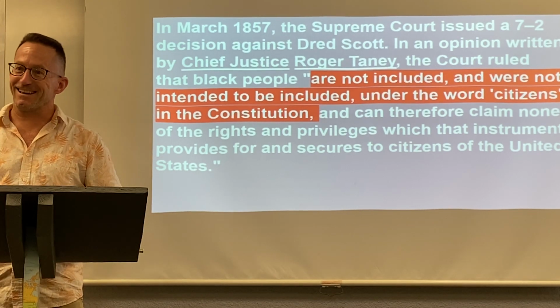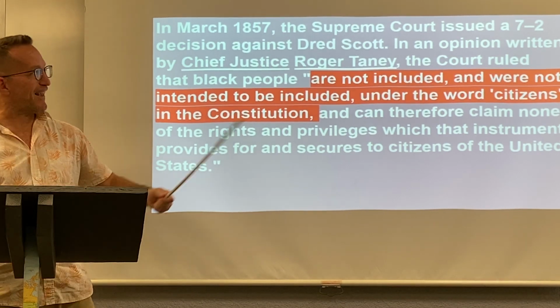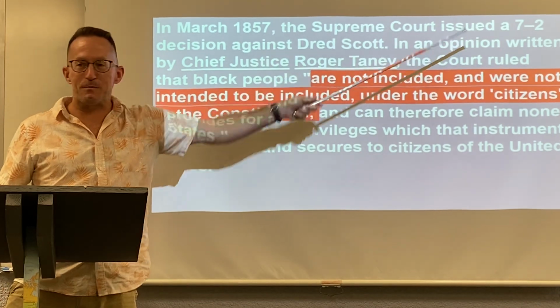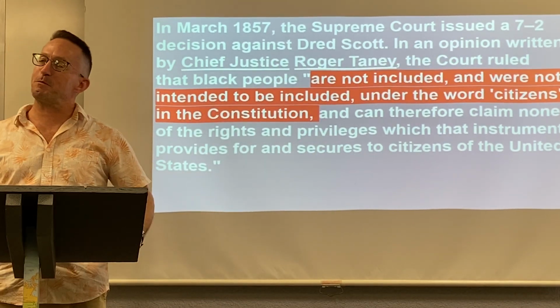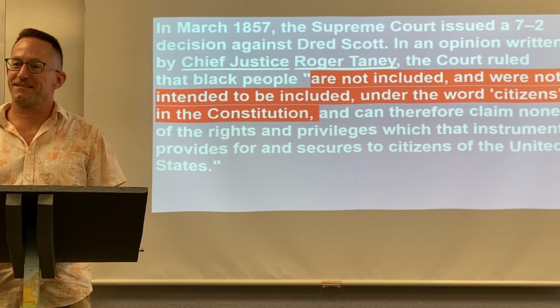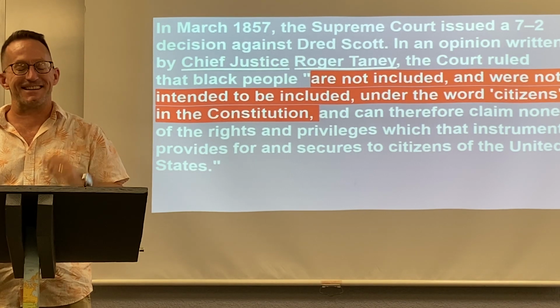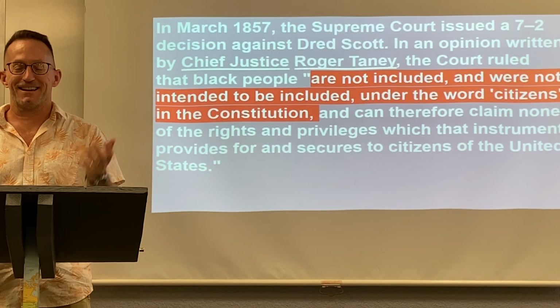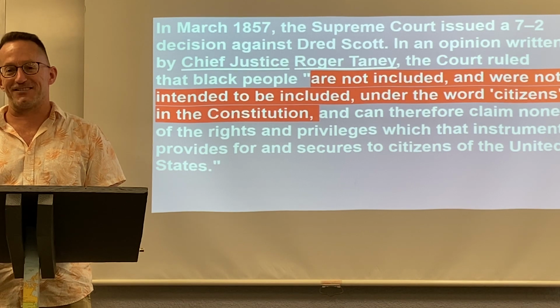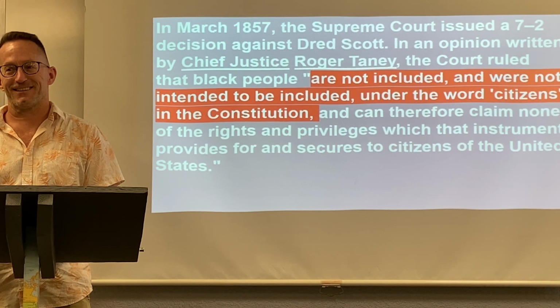Hey, take a guess. Of these 9 people in the Supreme Court, how many of those people do you think own slaves? Probably 7 of them. Yes, like 6 of those Supreme Court justices come from Southern backgrounds and own slaves.